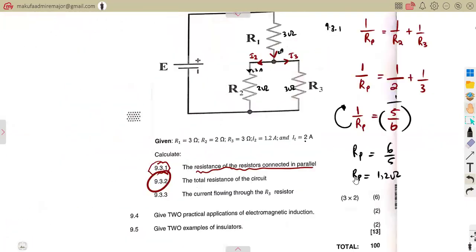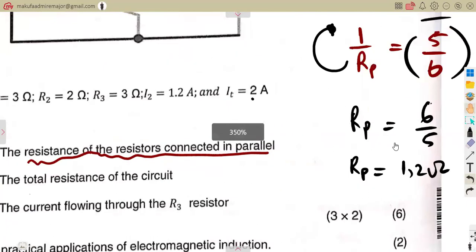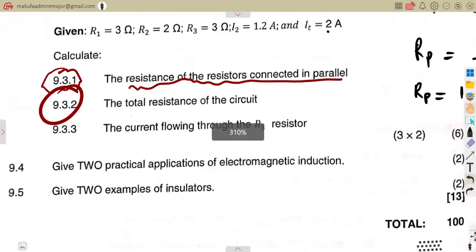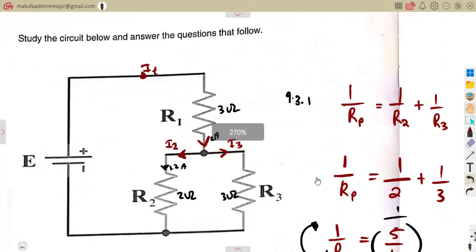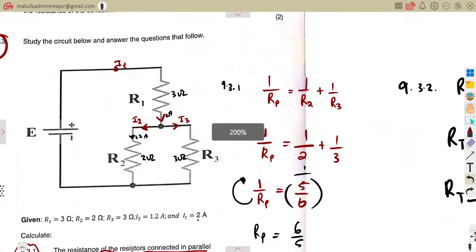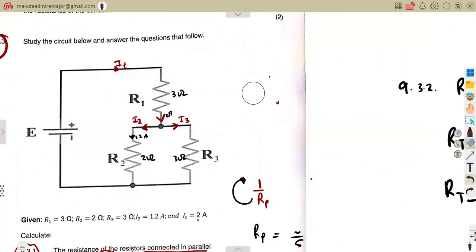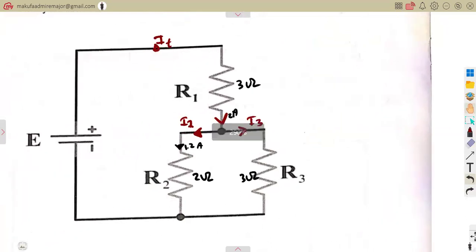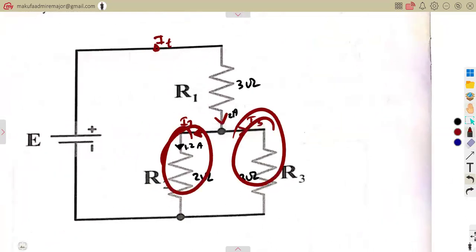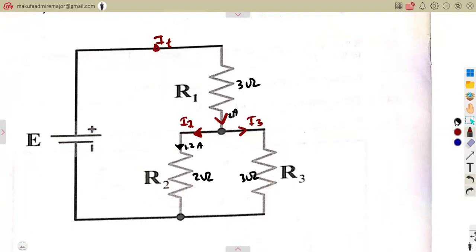Okay. Then another part of our question here is to calculate the current flowing through resistor R3. The current through resistor R3. According to this circuit that we are seeing here, there is a current that we are given as the total current, which is branching into two currents that we are given on our circuit, I2 and I3. From the total current here, this one enters here, another one enters there.